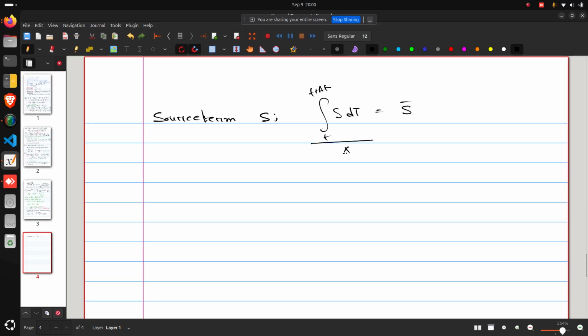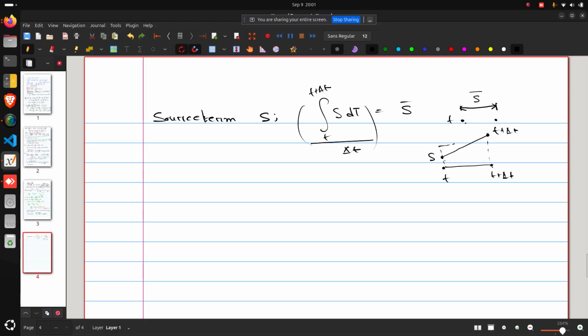This is called some averaged value, right? Some average value we take, for example from time t to t plus delta t, we assume that this whole time period between t and t plus delta t is populated by some value S bar. For example, if at t and t plus delta t the source term varies like this, what will we take?